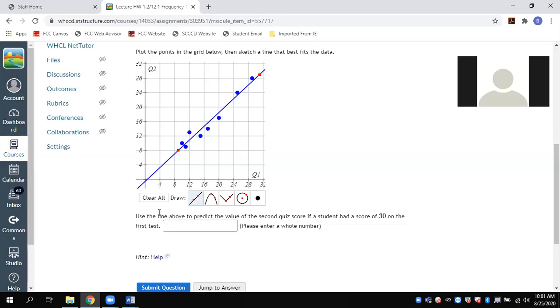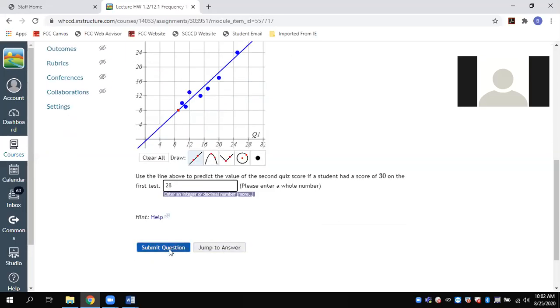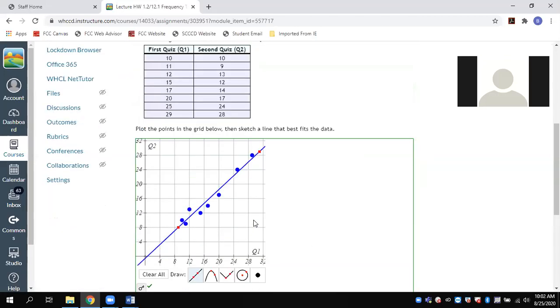Well, it says use the line to predict. So in other words, you're on the line. If your quiz score on quiz 1 is 30 and you're on the line, you're about right there, which means your height, your quiz 2, is about 28. So I'm going to type in 28, and I'm going to submit it, see what I get. Hey, it gave me full credit.